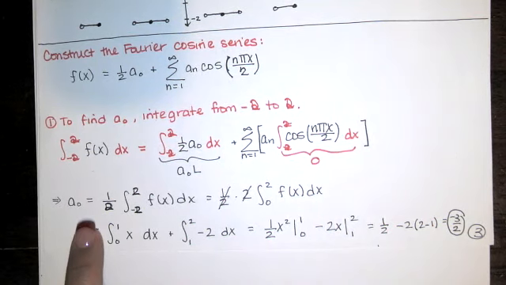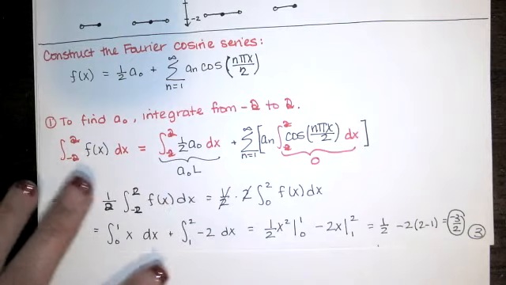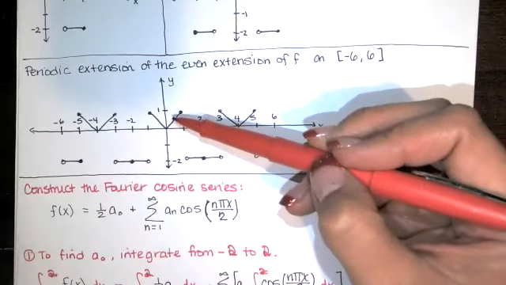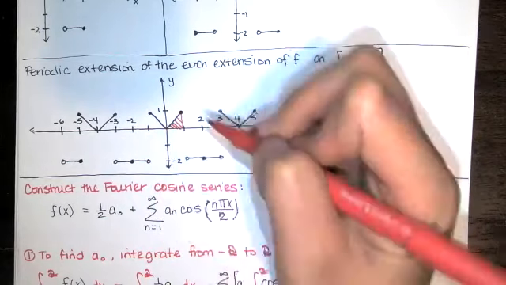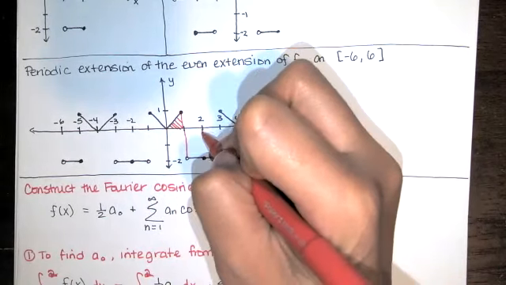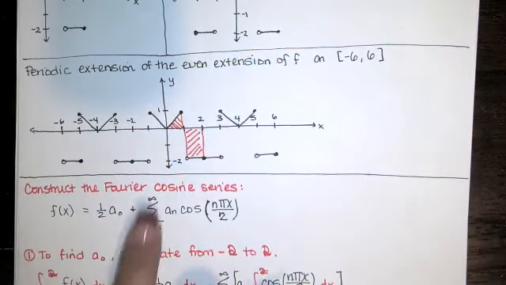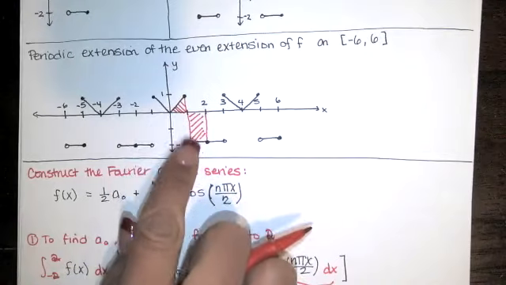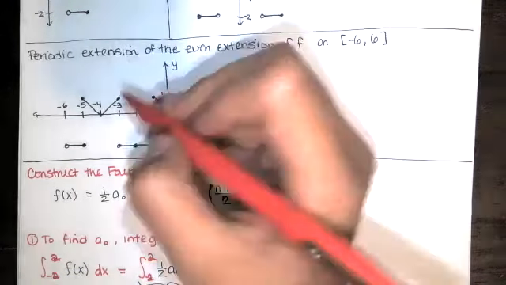And if you're saying to yourself, is that right? Let's look at this area over here. I've got 1/2 is this area. And then we're going to subtract this area, which is 2. 1/2 minus 2 is that negative 3/2. And then we would double it.